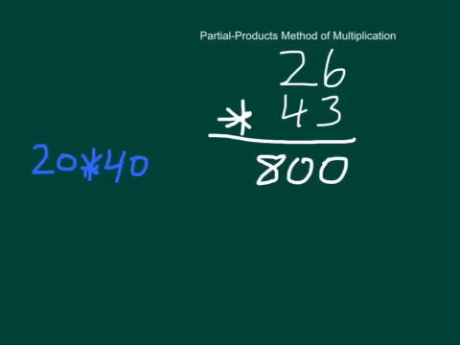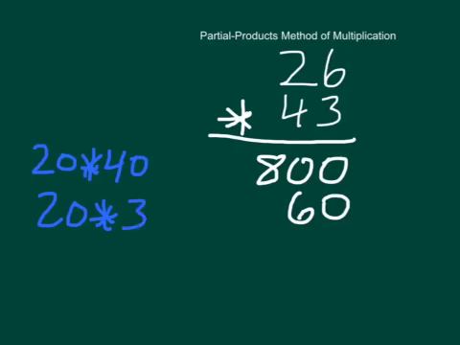Next, I need to multiply my tens place, the 20, times 3 for the ones place of 43. So 20 times 3 equals 60. And I forgot to write 20 times 3 over here.